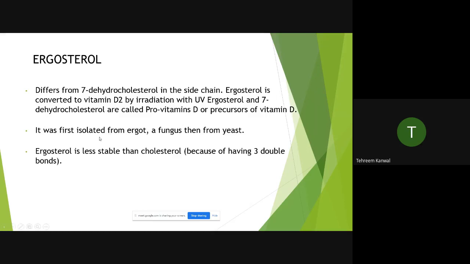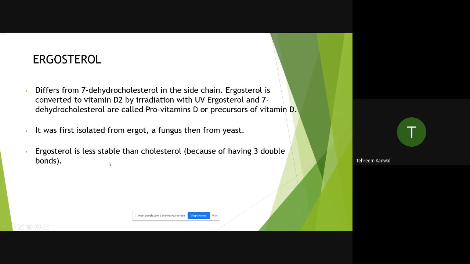This is some history of ergosterol, which was first isolated from ergot, which is a fungus. Then after the fungus, it was also isolated from yeast.